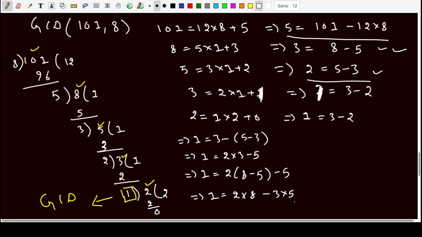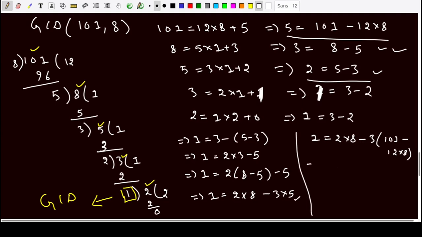From here we know that 5 equals this, so let us plug the value of 5 into this equation. 1 equals 2 into 8 minus 3 times, and what is the value of 5? 101 minus 12 into 8.